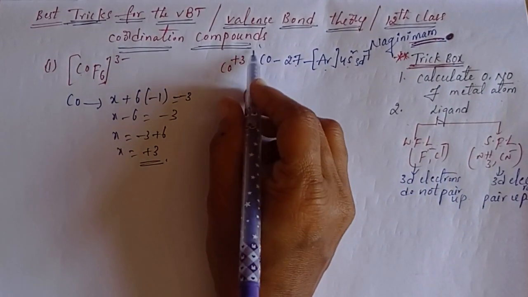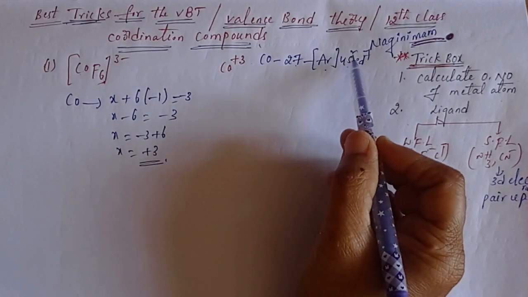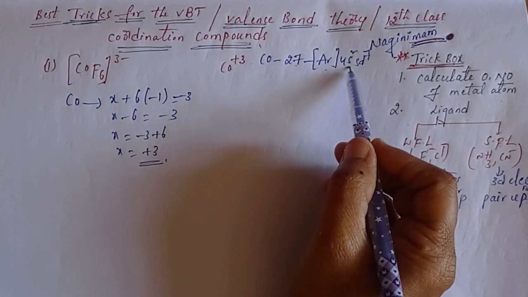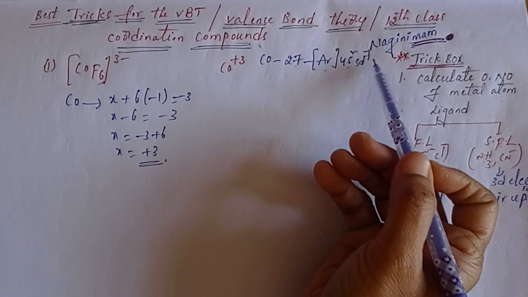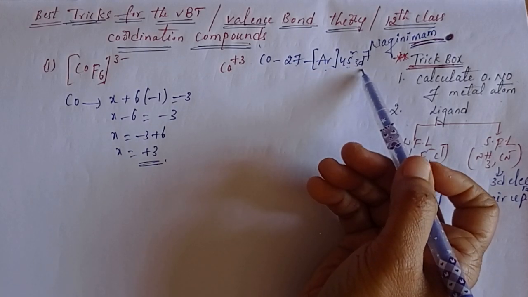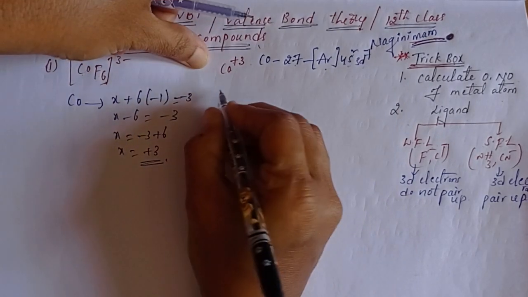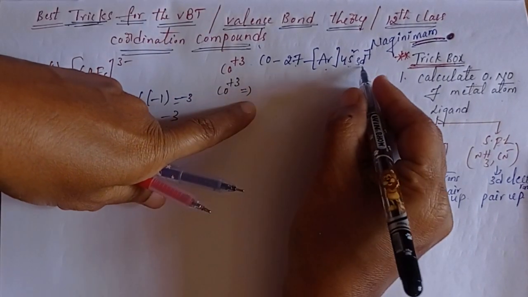Now Co3+ is nothing but 3 electrons lost. Where are they lost from? From the fourth shell, 2 electrons. From 3d, 1 electron lost. First it loses electrons from the valence shell, and the remaining electrons from the inner shell, the penultimate shell 3d. Now what is the electronic configuration of Co3+?